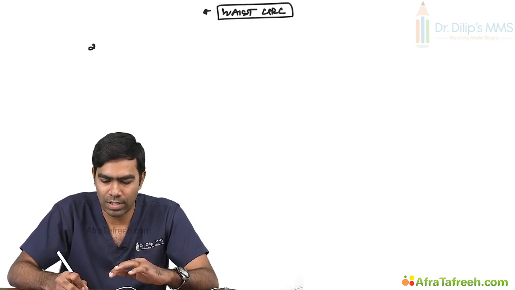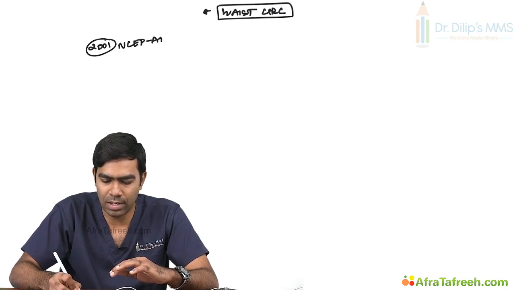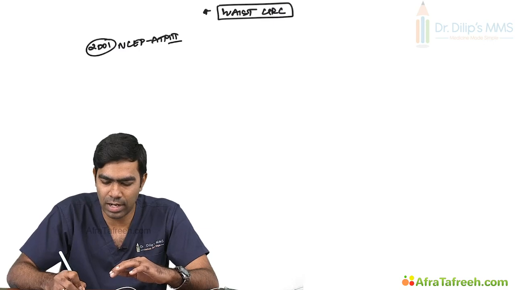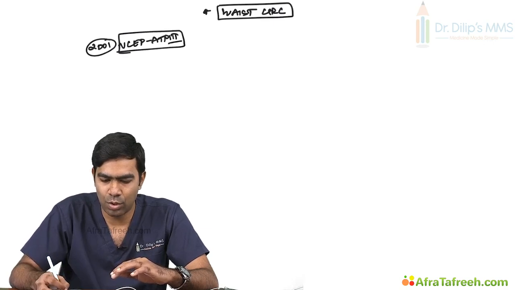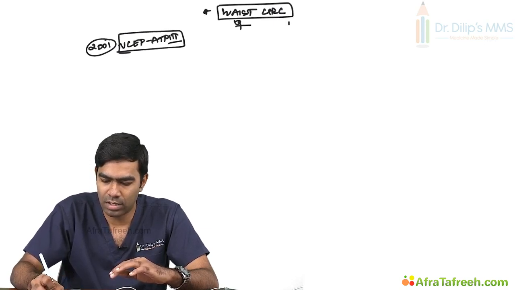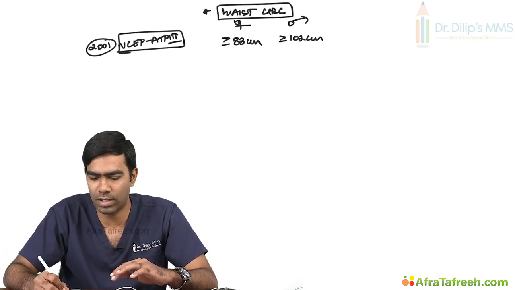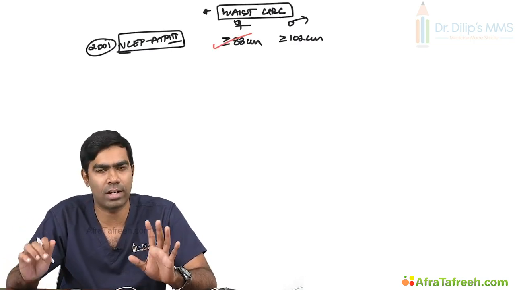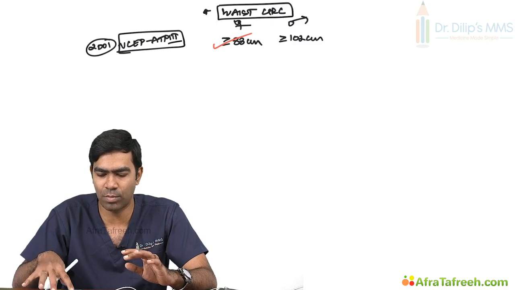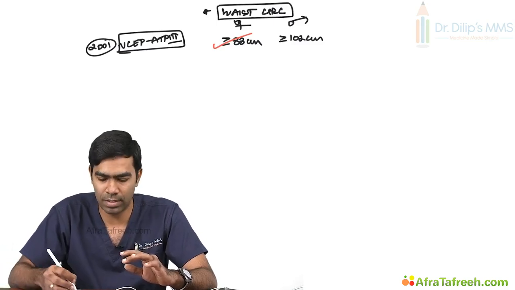For example, you have the standard 2001 NCEP ATP 3 guideline, which showed in males, if it is more than or equal to 102 centimeters, and in females, if it is more than 88 centimeters, that is suggestive of metabolic syndrome. And this is what is given in many standard textbooks, more than 88 centimeters in females and more than 102 centimeters in males.